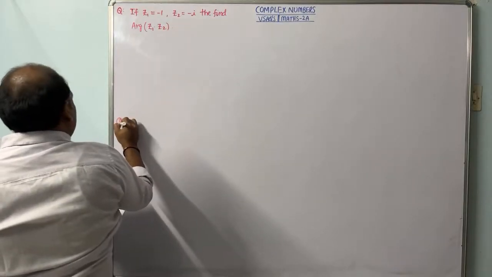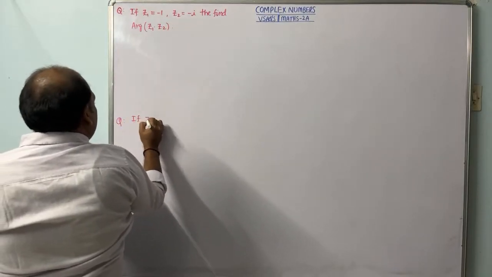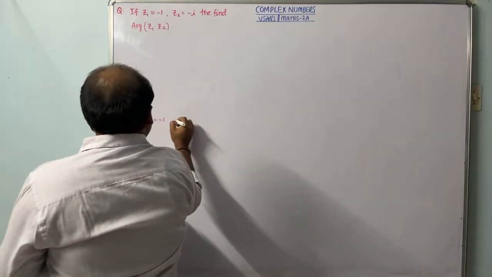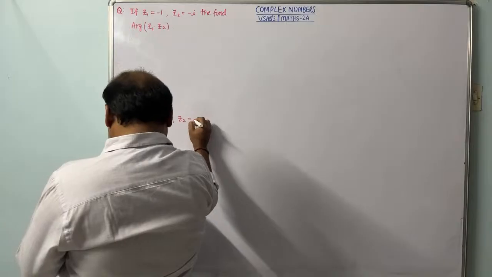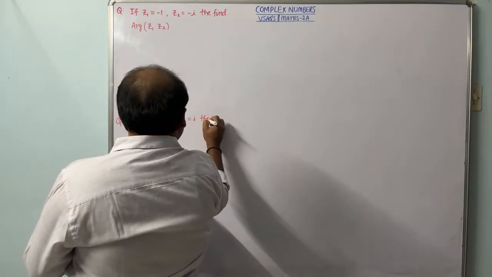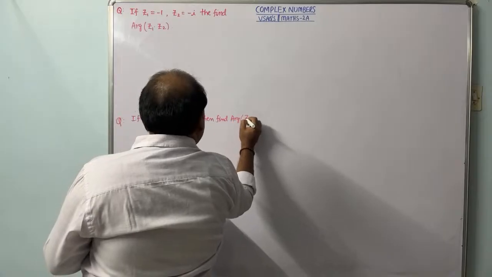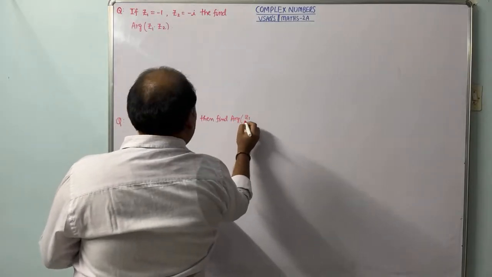So next question, if z1 equal to minus 1, z2 equal to i, then find argument of z1 by z2.